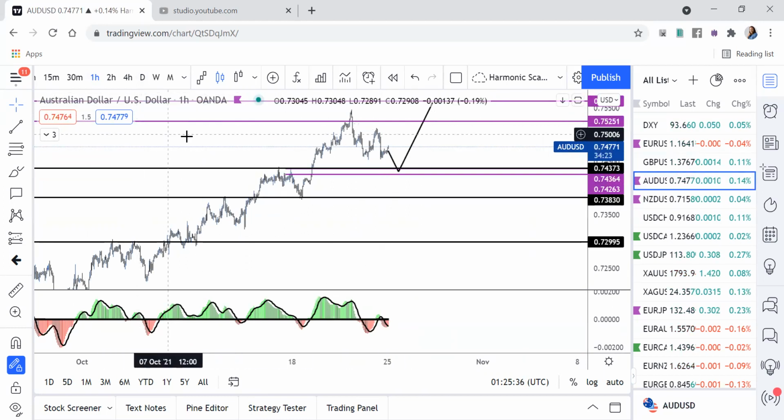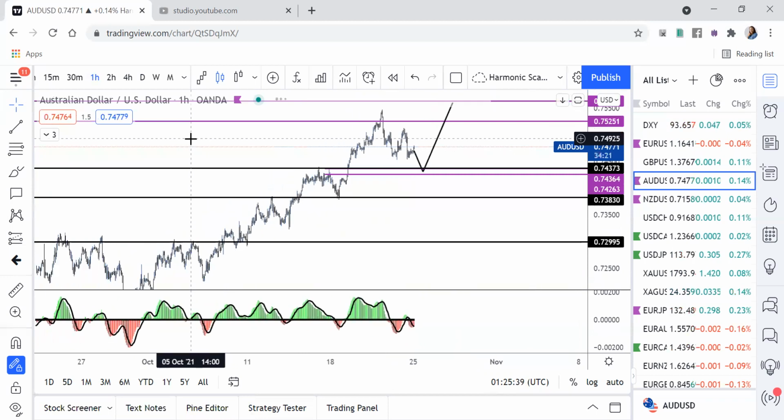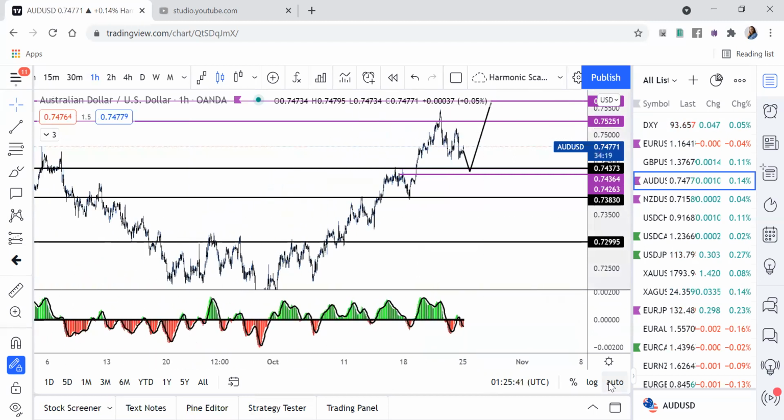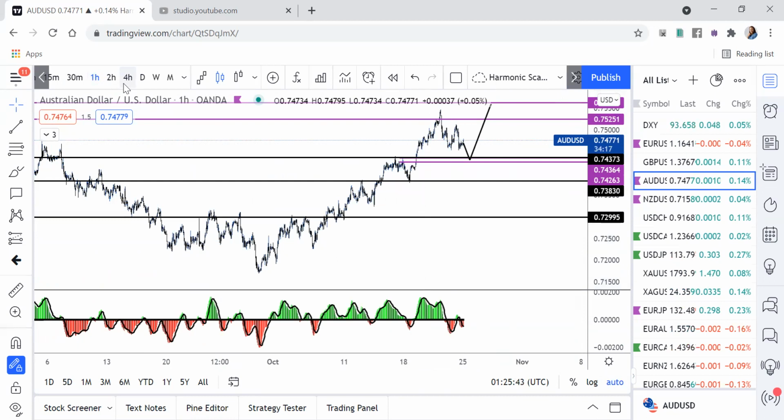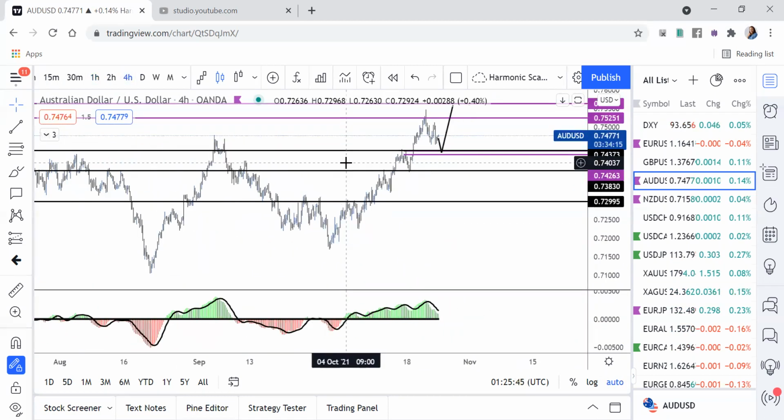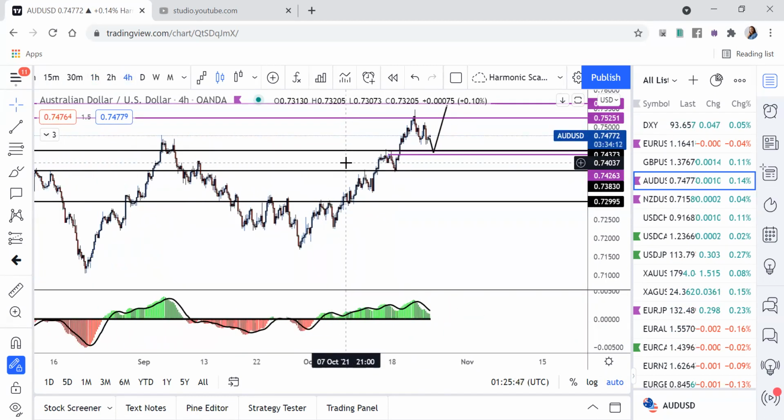Okay, so AUD USD. We go up to the 4-hour time frame, right? So we had a nice clean break of 4-hour structure. Everybody can see that.